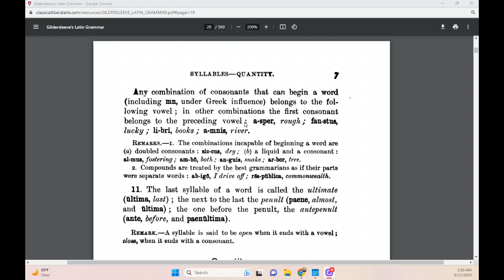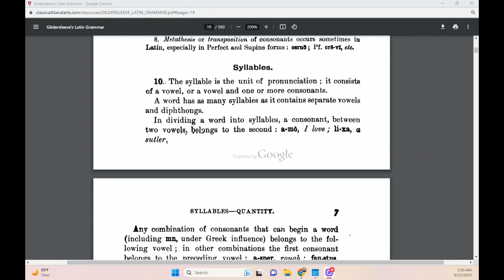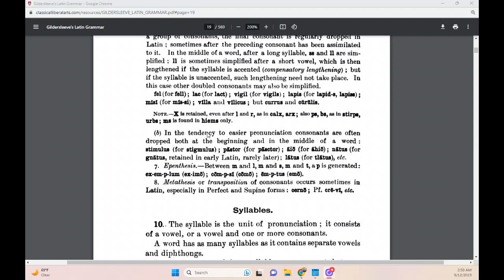Now, we've got to learn about a little more complicated situation, when there are two consonants together. How do we divide a syllable when there are two consonants together? And let's just look at a couple examples real quick. Here's an example. We have pastor.